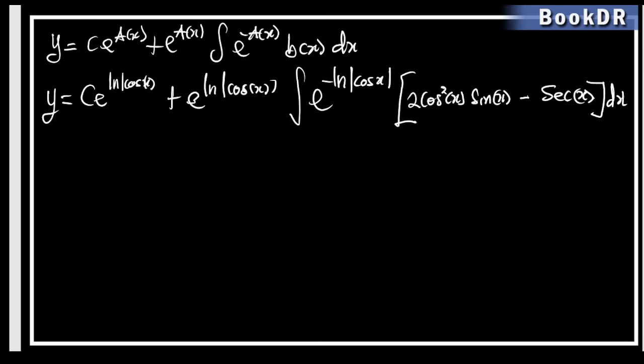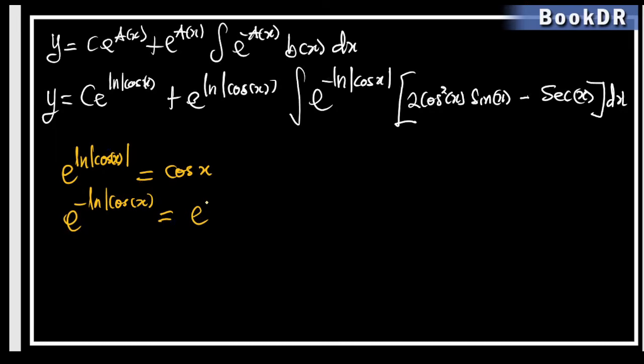Let's simplify the exponentials first. e^{ln cos x}, by the rules of logarithm, e exponent the ln always cancels the exponential function, so they are inverse of each other. So this would translate into cos x. Then e^{−ln cos x} will become e^{ln (cos x)^{−1}}, we take the minus to the other side.